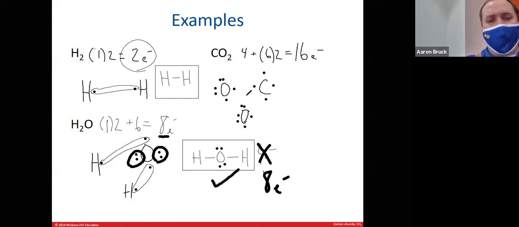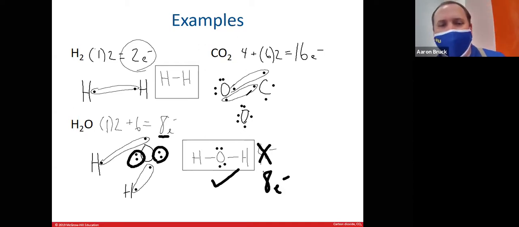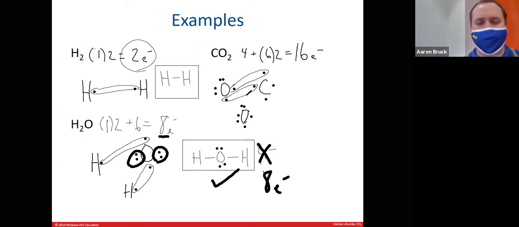So from carbon, I'm going to link together unpaired electrons. I can see that I've got 2 sets of electrons between the carbon and the oxygen on the left. I've got 2 links between the carbon and the oxygen on the bottom.